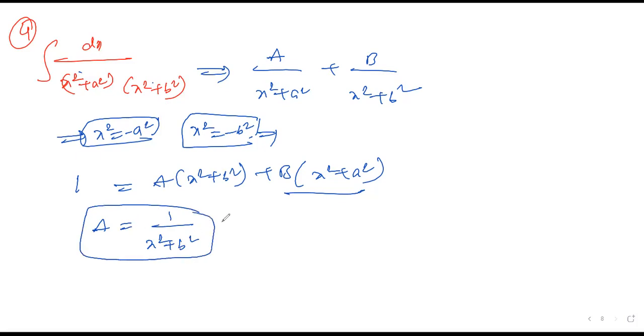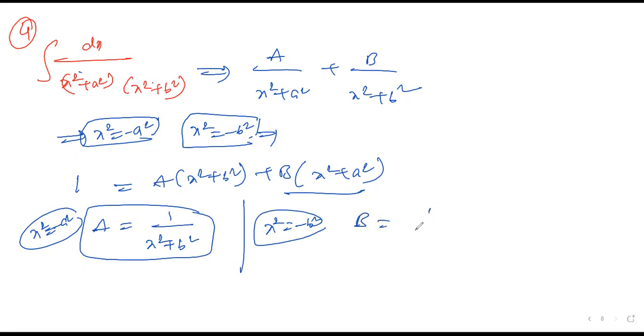Clear? Then what is the b value? Here x square is equal to minus b square, this is cancelled out, right? So the value of b is 1 by x square plus a square. Still clear or not?